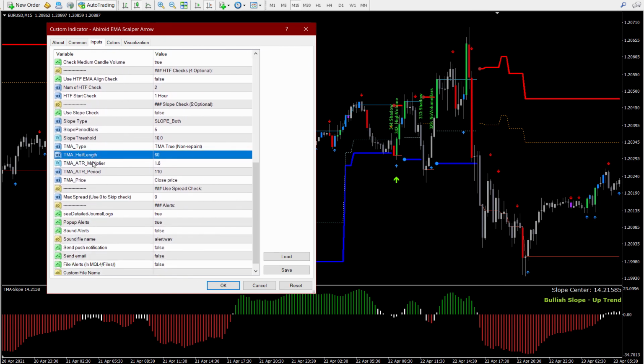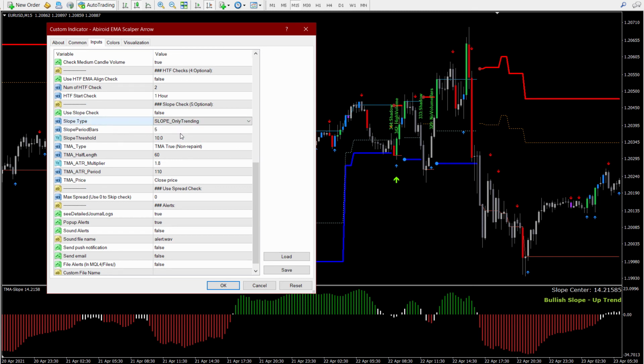And you can set the TMA other values, and finally the TMA price, and that will calculate this slope. And if you have set the slope to both, then it will make sure that the slope is not going downwards, and it will allow the upward or the ranging markets.